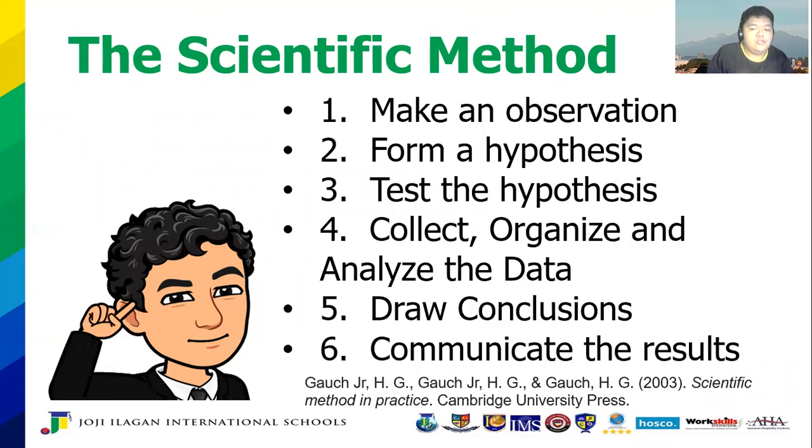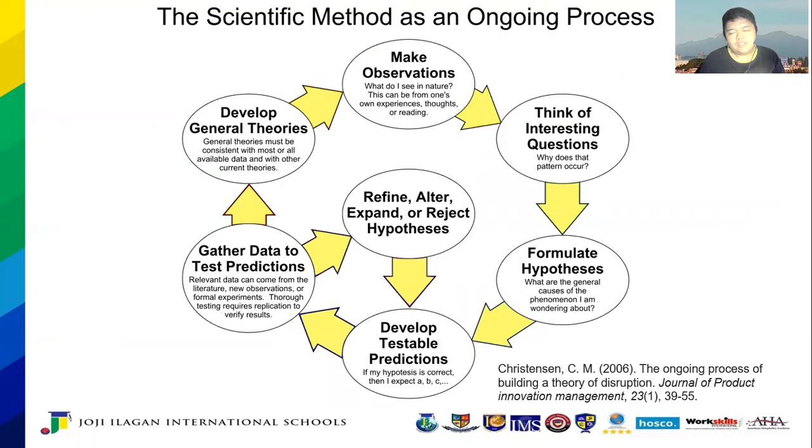Meanwhile, Gotch and Gotch, in their scientific method and practice paper, propose these steps: observation, hypothesis, test the hypothesis, collect the data, draw conclusions, and communicate the results. That's their take on the scientific method. Another author will propose the scientific method as an ongoing process.